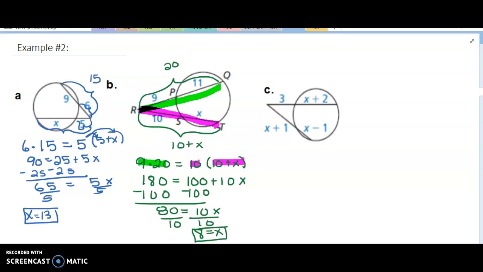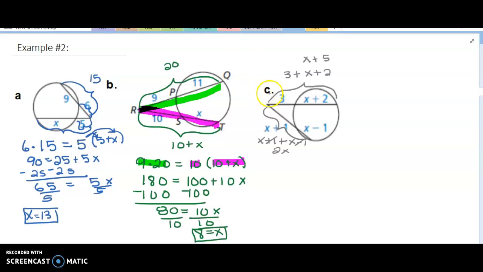All right, let's look at C. This one's a little more complicated. Okay, so exterior times entire. So this whole thing would be 3 plus x plus 2, which is just x plus 5. And then this whole thing would be x plus 1 plus x minus 1. Plus 1 minus 1 go away, so it's just 2x.